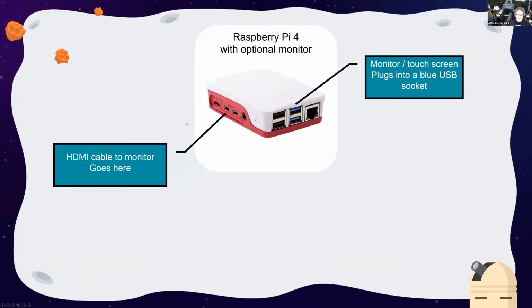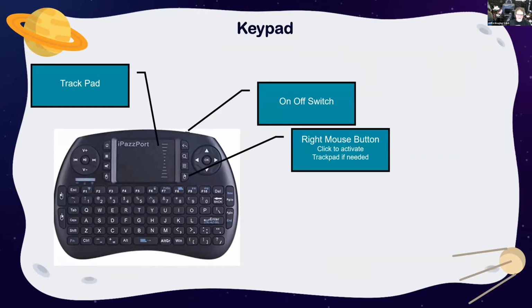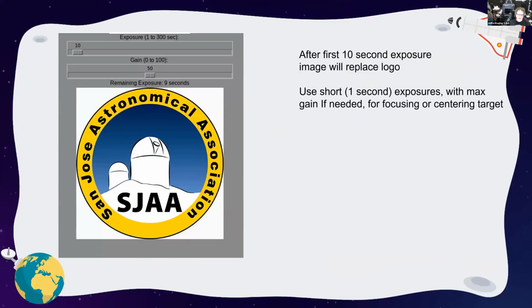So I'm just trying to document this for the visual observers, and there's the splash screen for our application there with the SJAA logo.